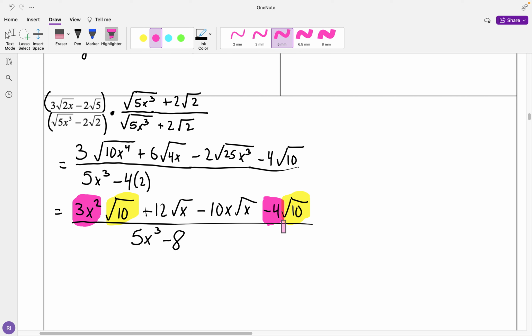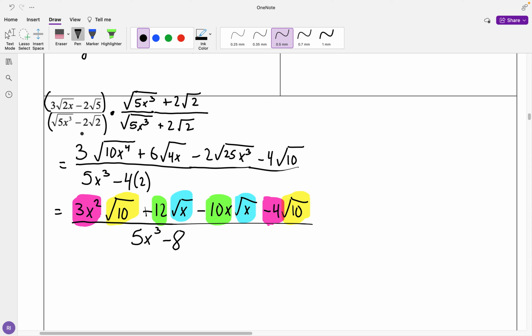You can't collect any like terms there. It's just 3x squared minus 4. So there is no real simplification in that case. For the same reason here, yes, the radical is identical, but the coefficients using polynomial rules are not. So that is as simplified as that expression can get.